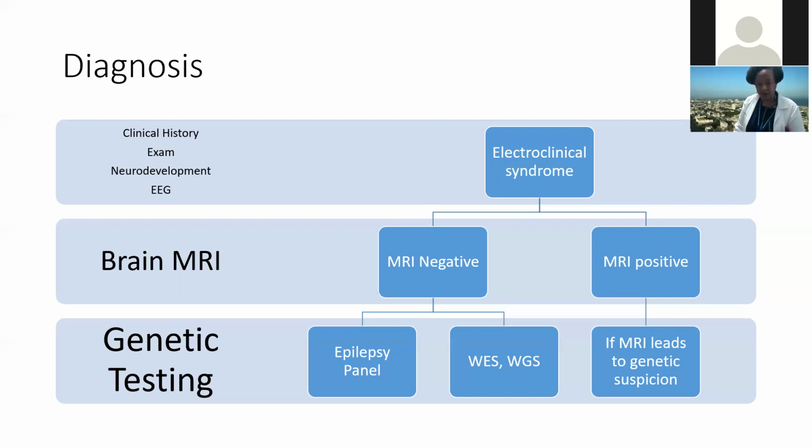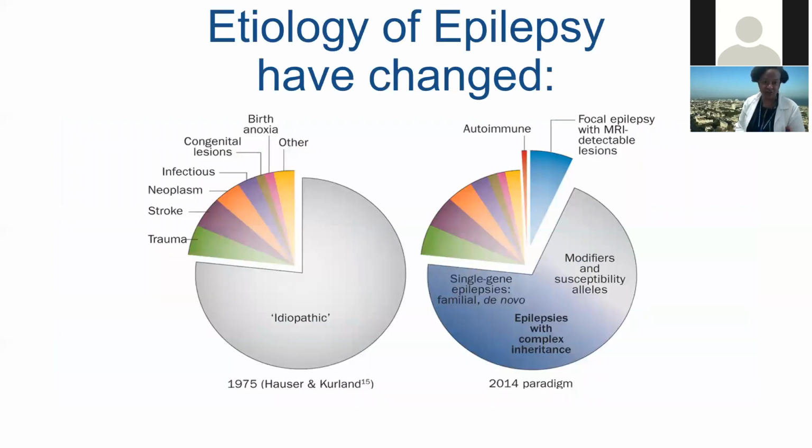So the development of genetics has changed the understanding of what causes epilepsy in the population. So in 1975, Hauser and Kurland had this pie chart, and you can see we could not identify the cause of the epilepsy in many patients, in the majority of the patients.